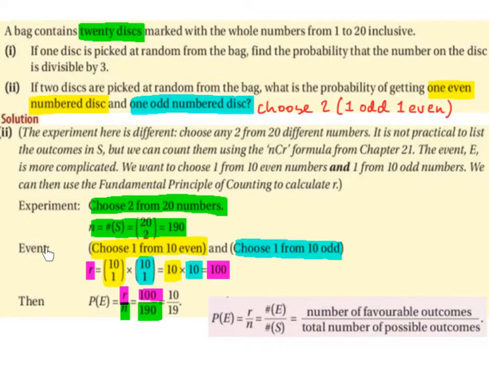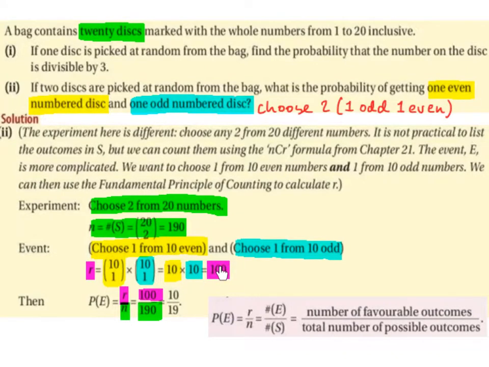The event is choose 1 from 10 even numbers and choose 1 from 10 odd numbers. So r is going to be 10 choose 1 multiplied by 10 choose 1. 10 choose 1 is 10, and 10 choose 1 is 10, and 10 times 10 is 100.